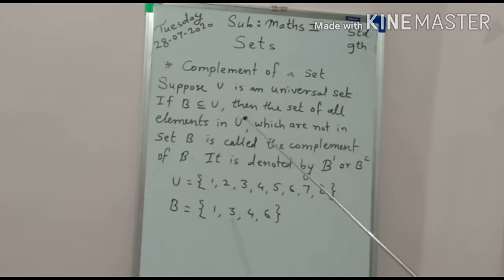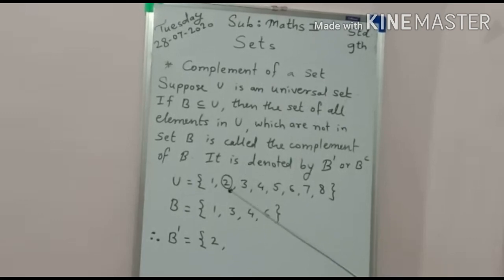According to the definition, it is the set of all elements in U which are not in set B. So we have to find the elements here which are not in B. The first one, 1, is in set B. Now we find the elements in U which are not in B, which means 2. 2 is in U but not in B, so we write element 2 in the complement of B like this.